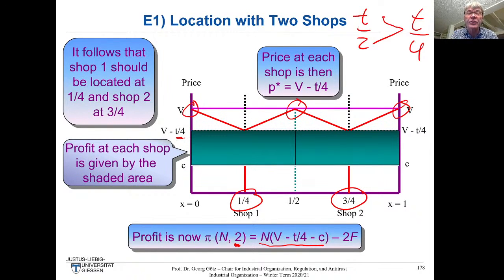T over 2 of course is greater than T over 4. Therefore we subtract more, and therefore the price was lower once we used only one shop. Okay, so the point is our operating profit increases, but at the same time, of course, we have more fixed costs to pay because we have two outlets.